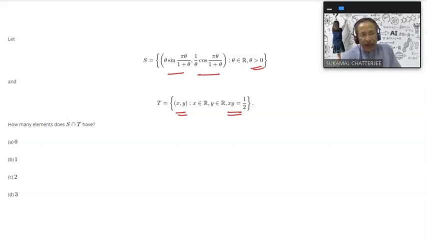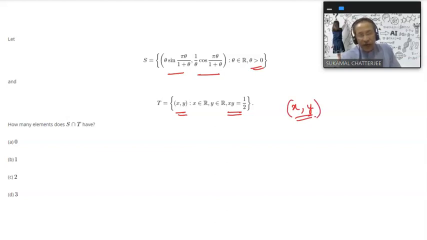If I have to have an element which is common to both S and T, let that element be xy. That means xy has to be part of T and S.